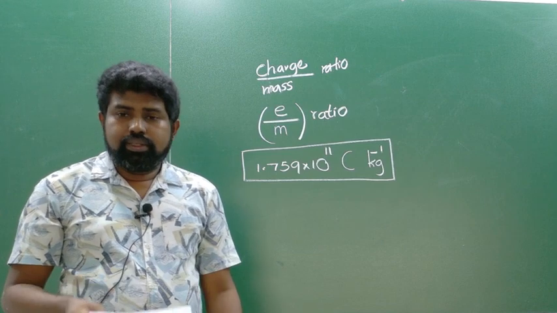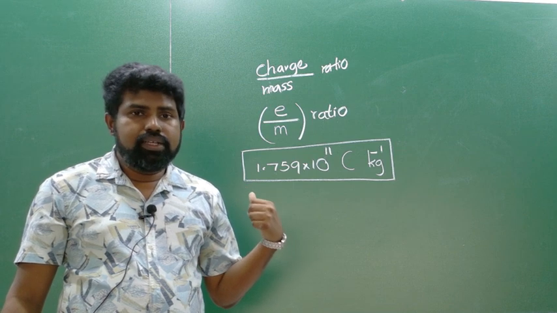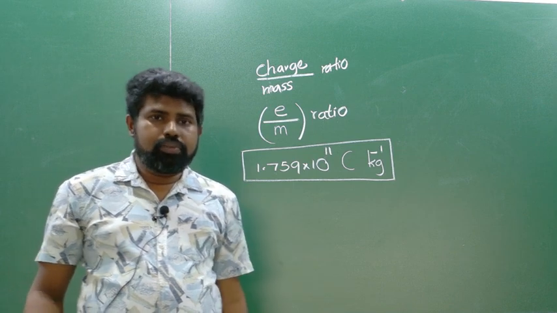This was the experimental value found by J.J. Thomson from his experiment.